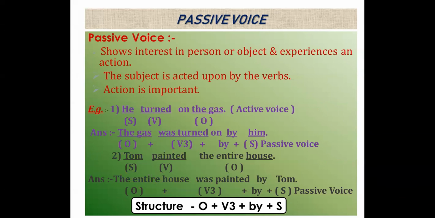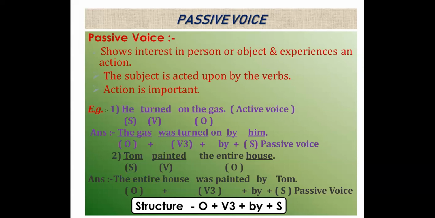See, the same example we will take: he turned on the gas. Now this is the example of active voice. The structure is subject plus verb plus object. He is the subject, turned is the verb, and the gas is the object. This we have to change into passive voice. So how will we write it?